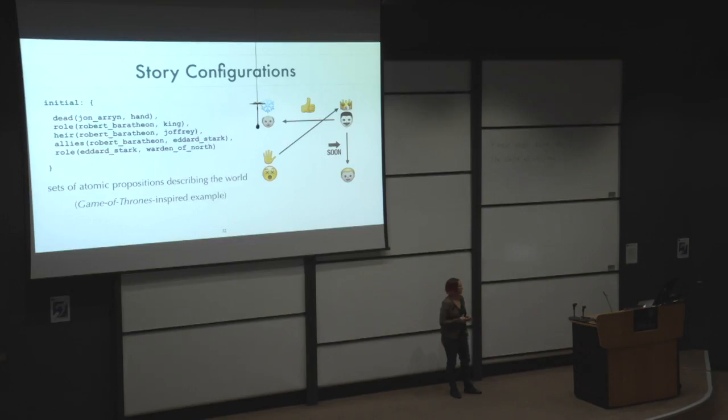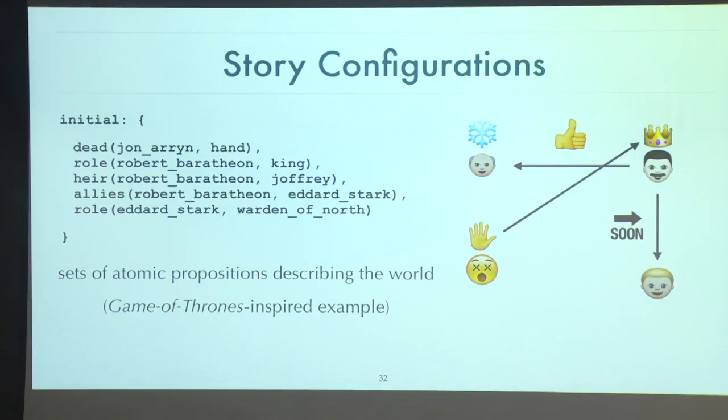And in either of those situations, you can specify a story in a similar manner. So here's an example story, loosely inspired by Game of Thrones. On the left, I've described the initial configuration in logical predicates, and on the right, I've given you a nice emoji-based representation of what's going on here.